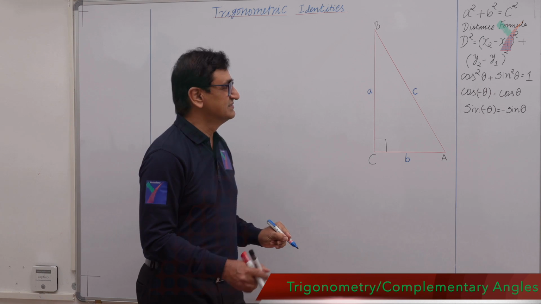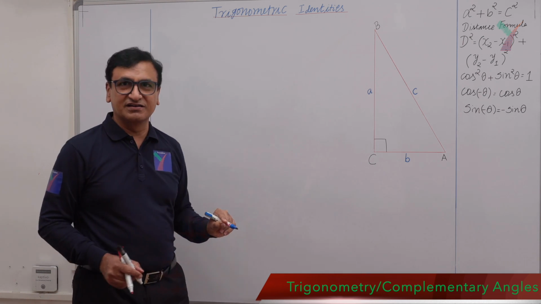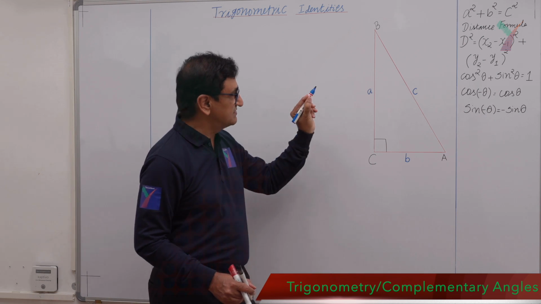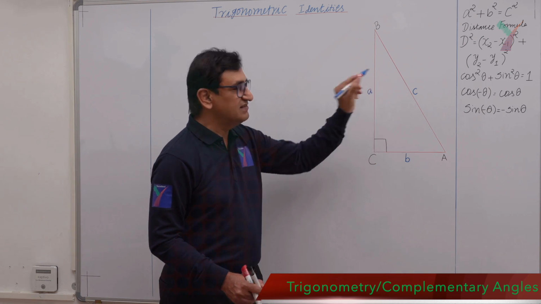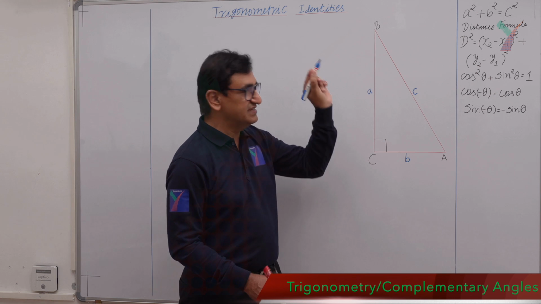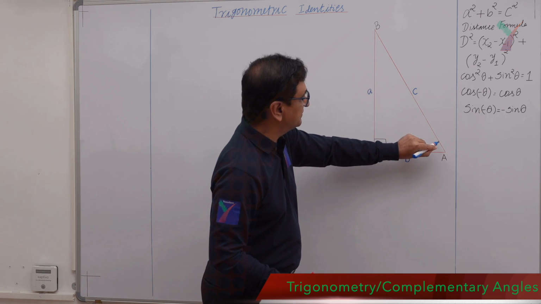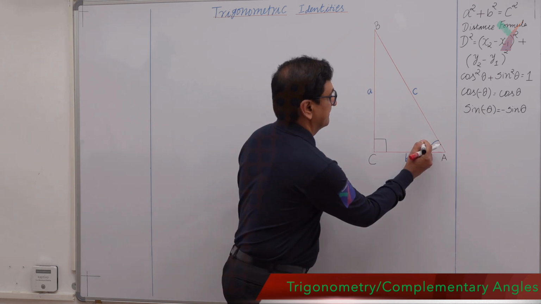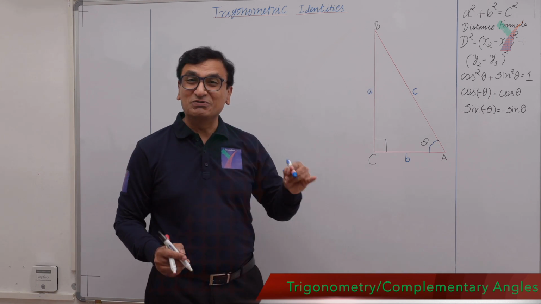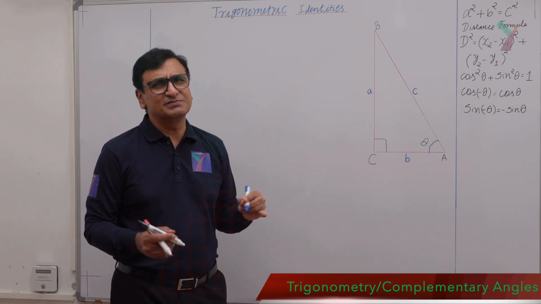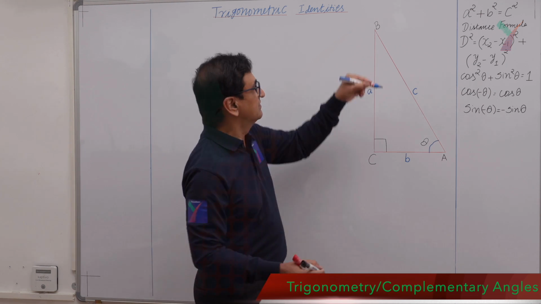Let's get going. Now, I have a triangle ABC with sides A, B and C. A and B are the sides and C is the hypotenuse. If I mark, let's say, this angle as theta, this is the complementary angle and this will be pi by 2 minus theta from the basic property of a right angle triangle.